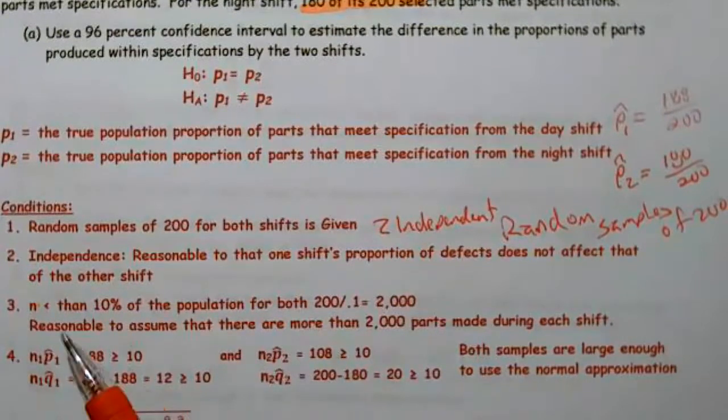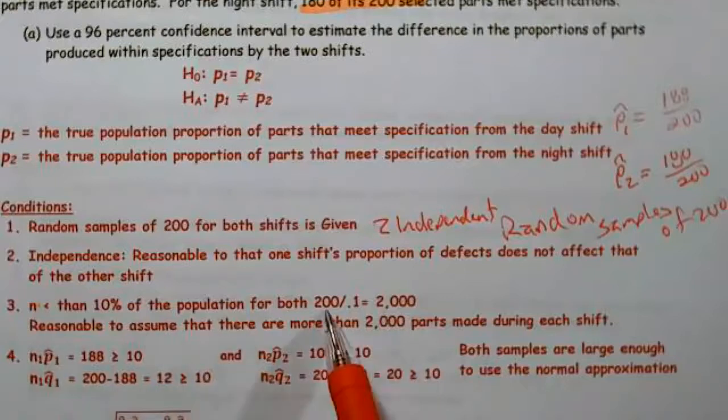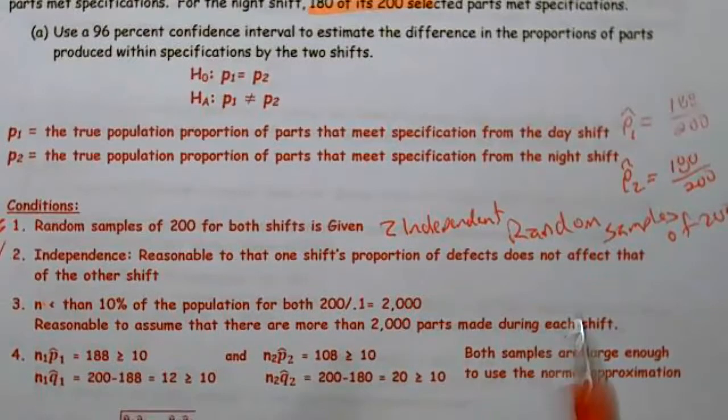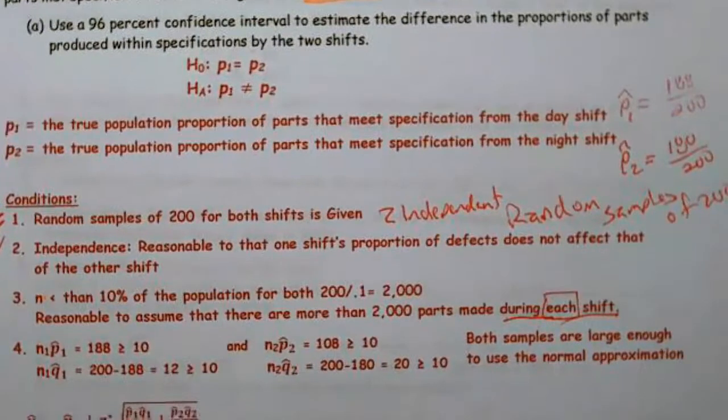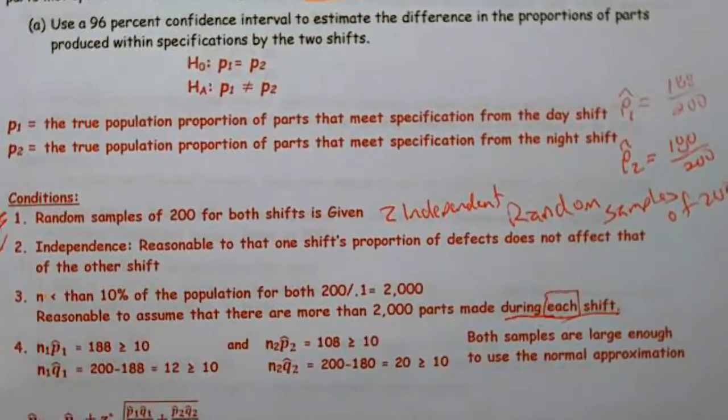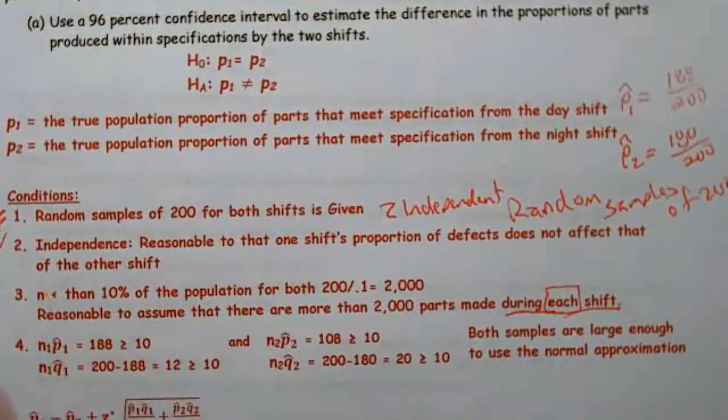All right. N is less than 10% of the population, so 200 divided by 0.1 is 2,000. Both samples were 200, so this takes care of both of them. Reasonable to assume that there are more than 2,000 parts made during each shift. In other words, I need to make sure that it's made during the night shift and the day shift. So I made sure I used the word each to show that I was addressing both day and night shifts. Then I need to make sure that each sample is large enough.